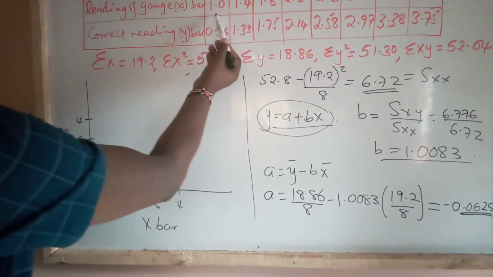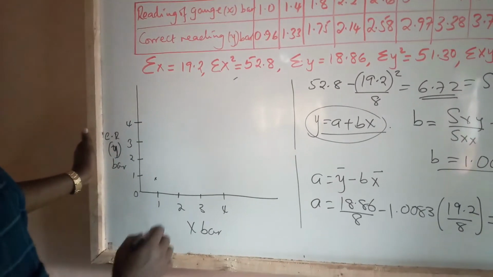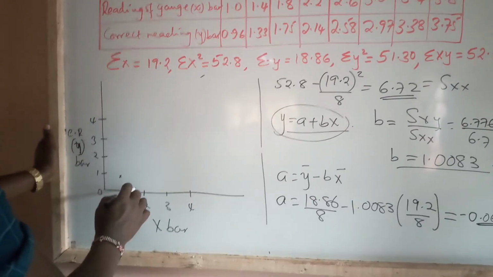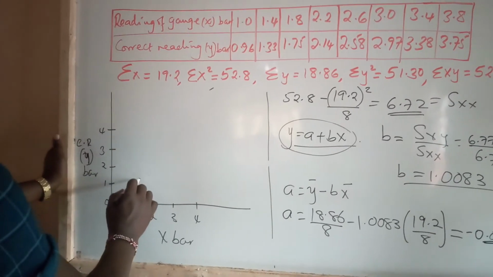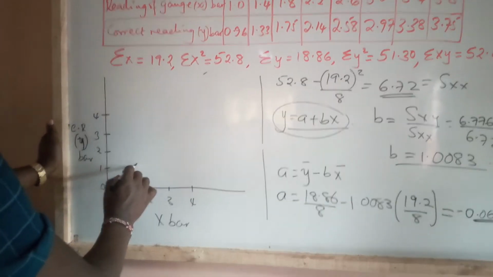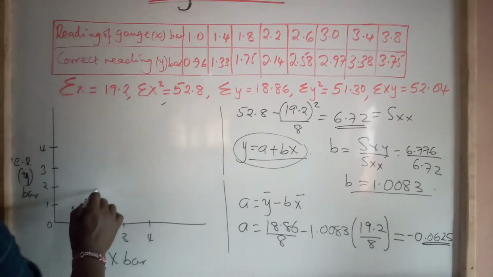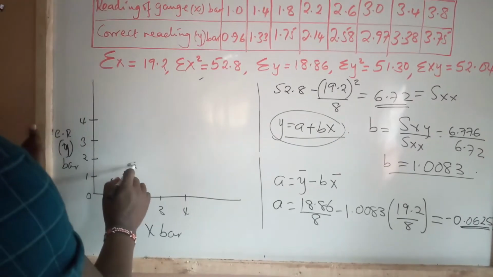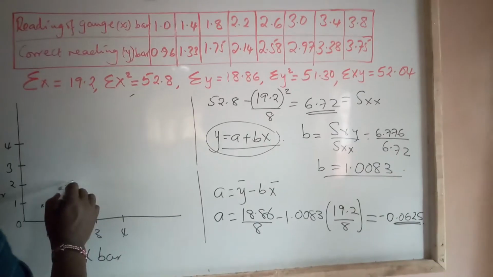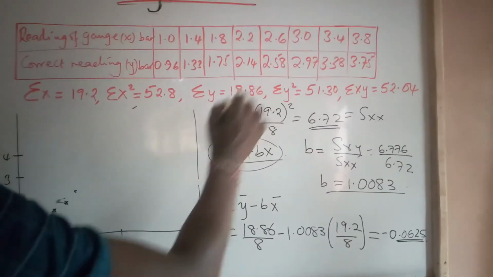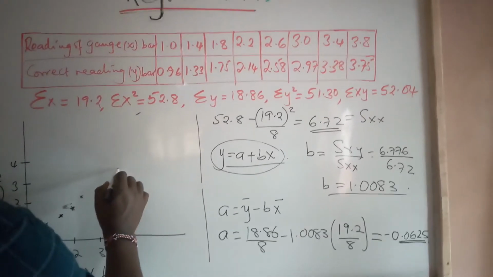When the gauge is reading 1.0, the correct reading is supposed to be 0.96. When the gauge is reading 1.4, the correct reading should be 1.33, somewhere there. When the gauge is reading 1.8, the correct reading is 1.75, just around there, then 2.2 and 2.14, and all the way to 3.8 and 3.75, somewhere there.